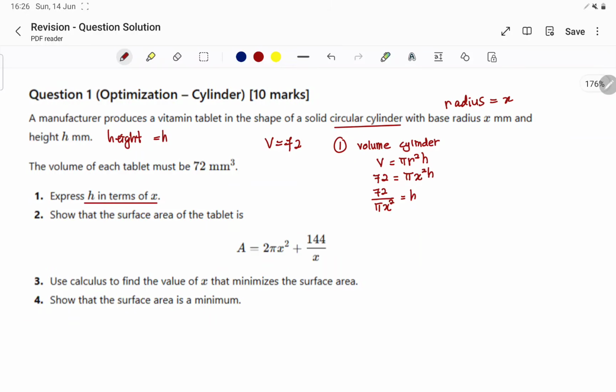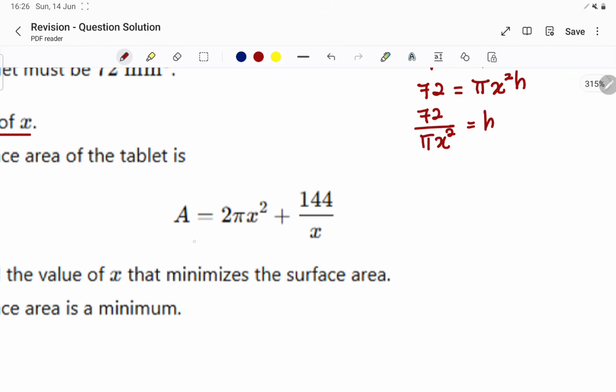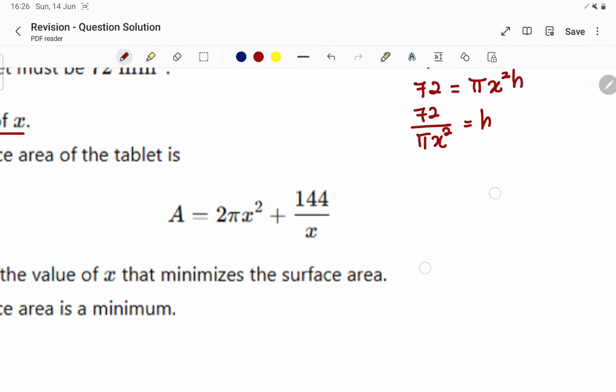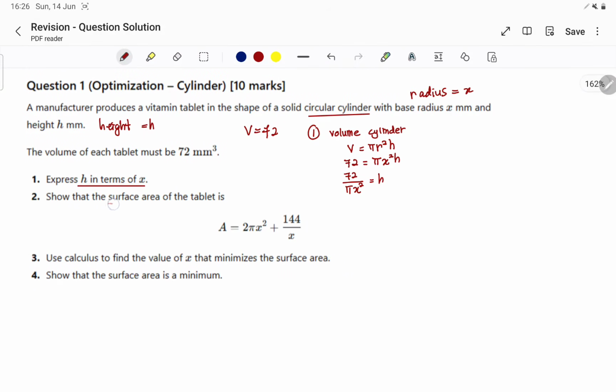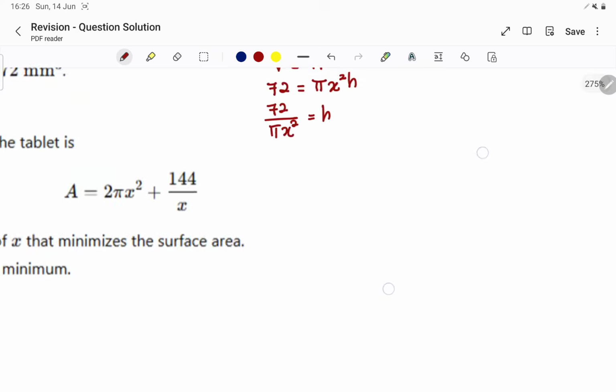Now, the next question says, show that the surface area of the tablet is equal to 2 pi x squared plus 144 over x. This is related to the surface area of the cylinder.